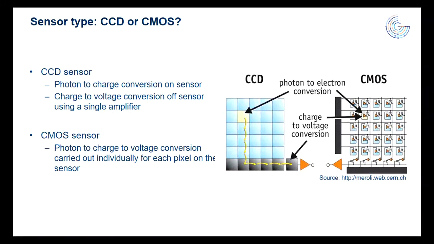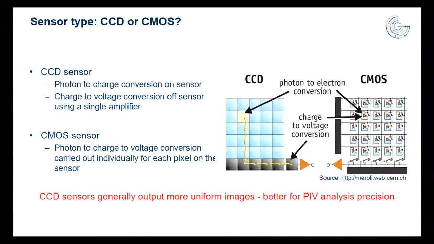So they're slightly more consistent than a CMOS sensor, which has individual amplifiers for each of the pixels. So there's a small argument to be made for CCD sensors here. This was probably more true 10 years ago when I initially made these statements than it is today. So this is perhaps less of an important choice, but I would still err towards a CCD sensor if you can find one.